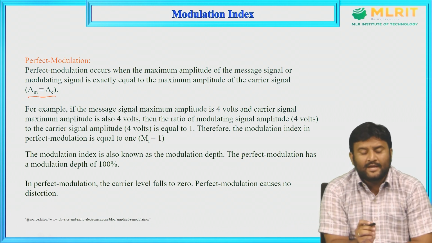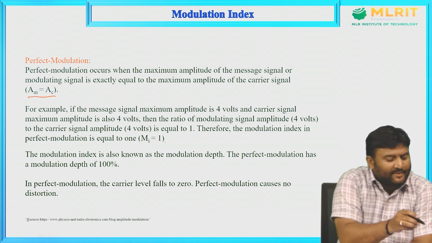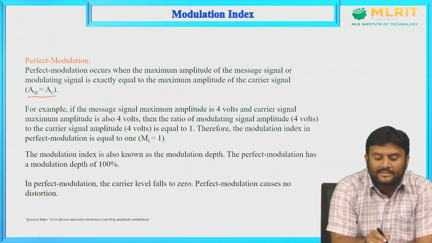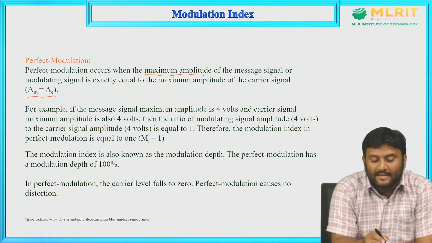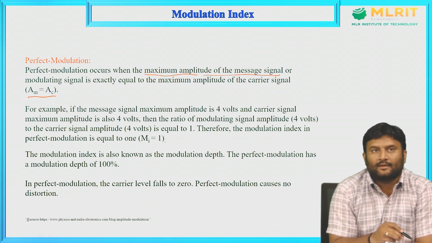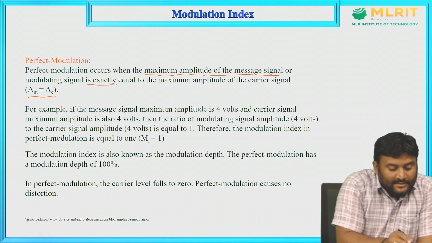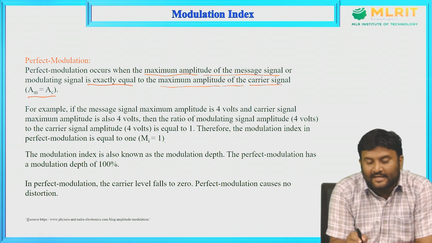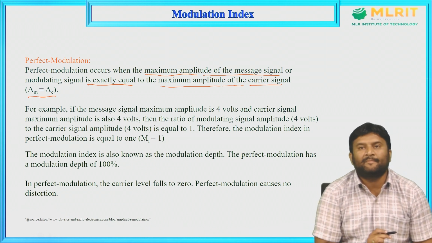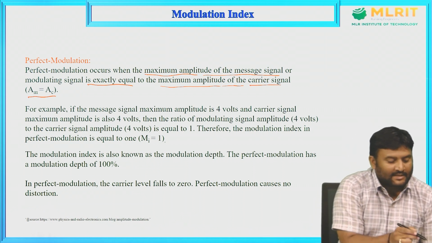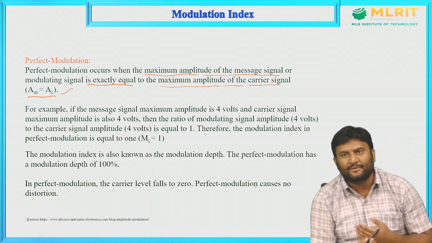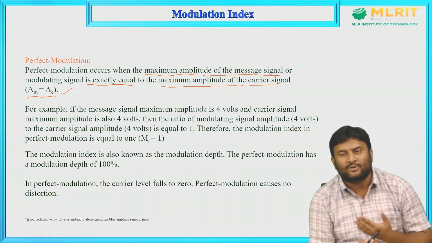What is that? AM is equal to AC. That means perfect modulation occurs when the maximum amplitude of the message signal is exactly equal to the maximum amplitude of the carrier signal. What is the meaning of maximum amplitude of the message being equal to carrier amplitude?